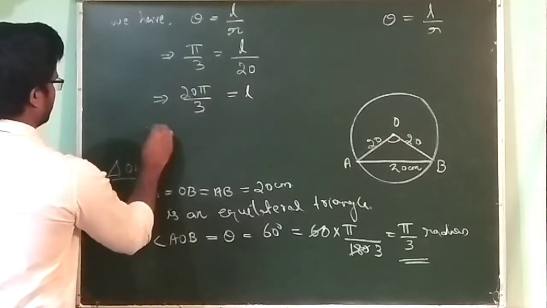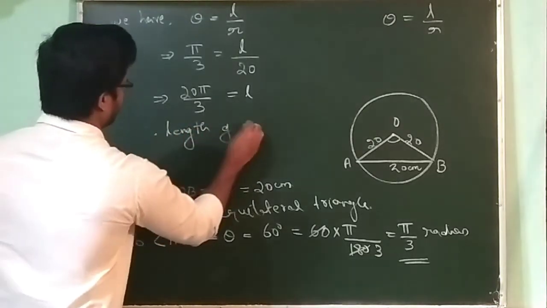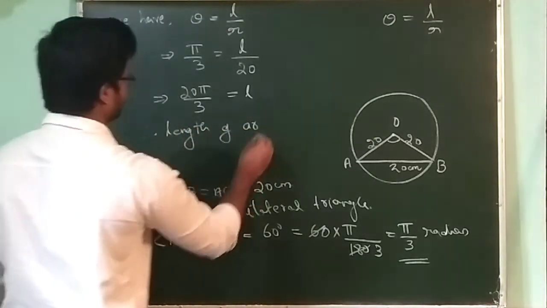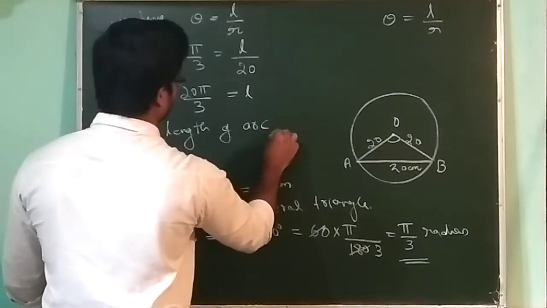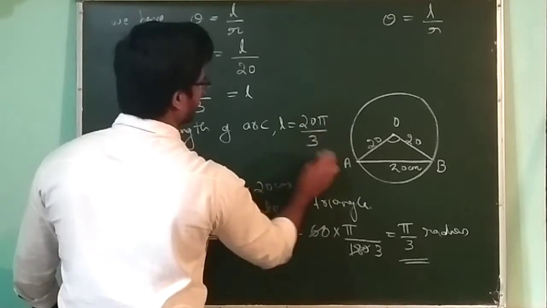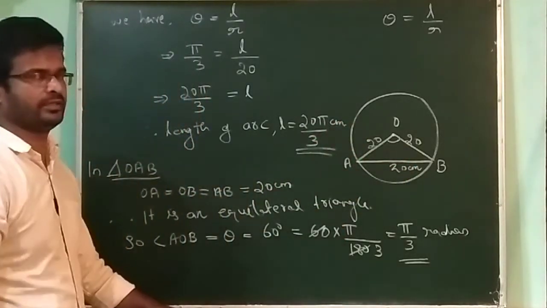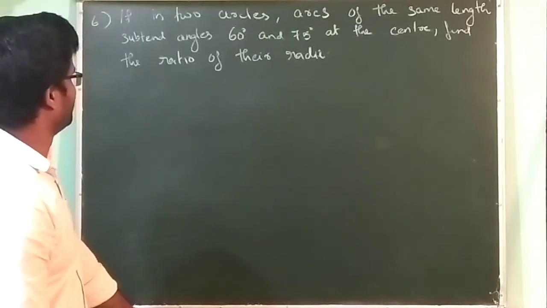L means the length of arc, isn't it? Length of arc equal to L equal to 20 pi divided by 3. What is the unit? Centimeter. This is our answer.